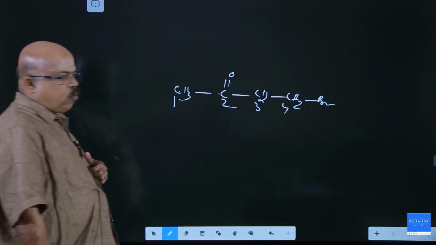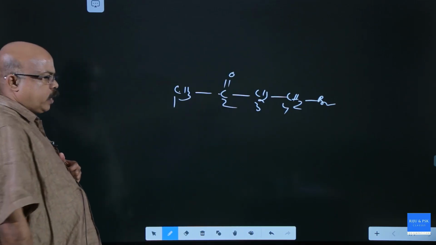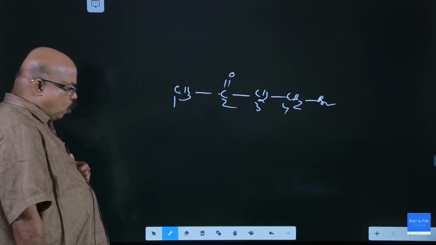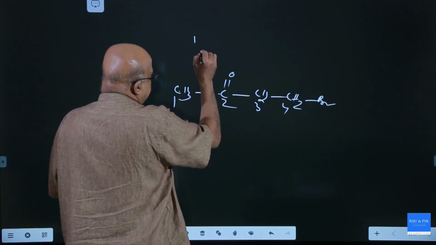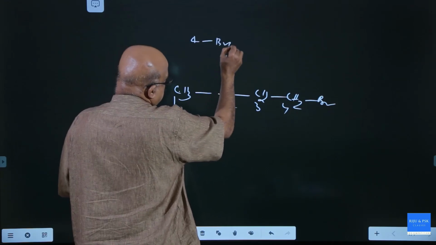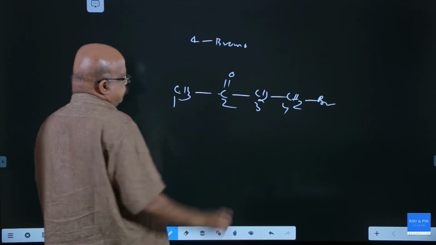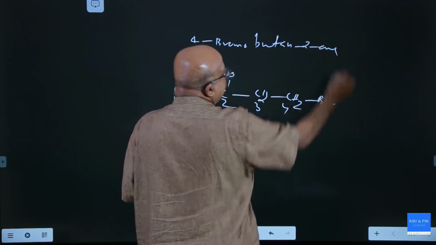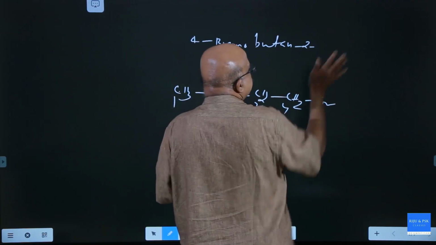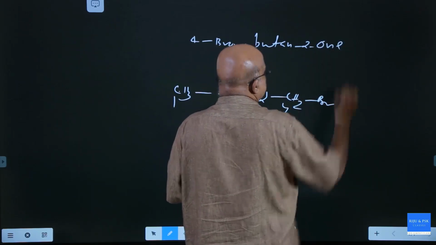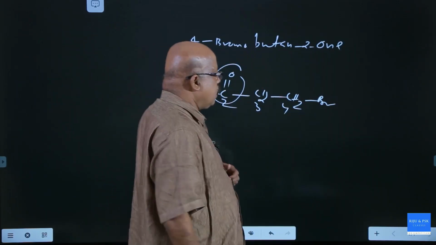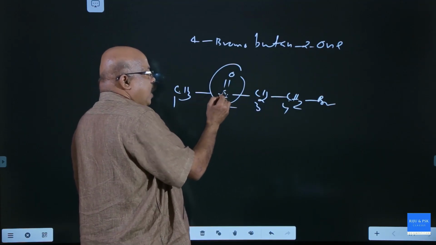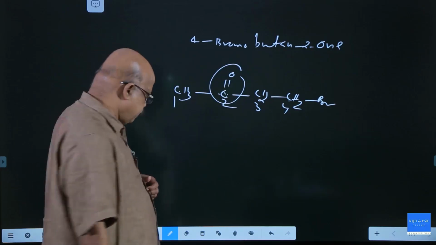It is 4-bromo butan-2-one. Here this group gets the lowest number. If you number from here 1, 2, 3, it has the locant 3. That is not the correct numbering.